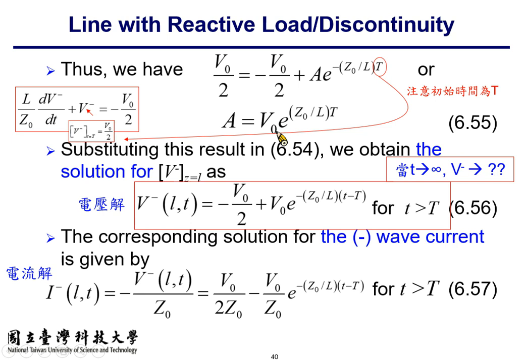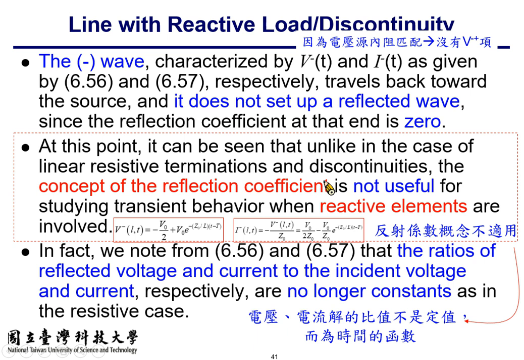So 6.56, the equation in the middle is the solution for the V minus voltage signal. And for the current, you simply divide the V minus signal by Z sub 0, and a minus sign will be your current solution. So as you can see, they are all time dependent functions.